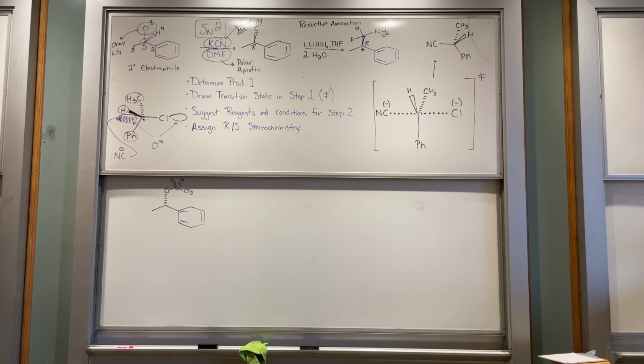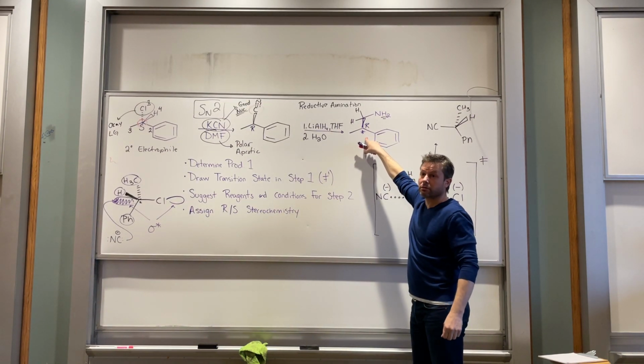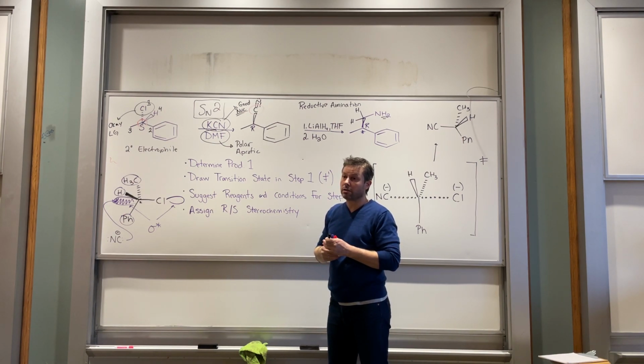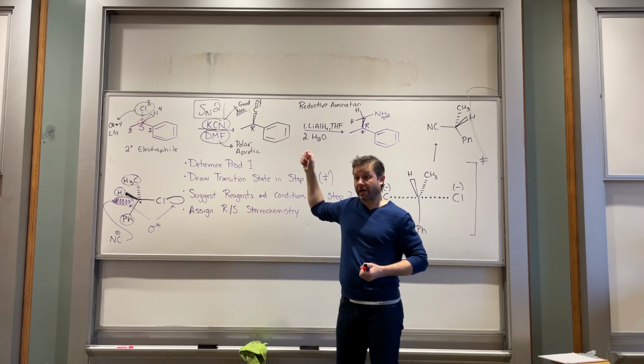Great, you have a question? It might be silly, but for the second two products, where you assign R, did we just know that that was R? I didn't go through the process, but we can do that if you want.